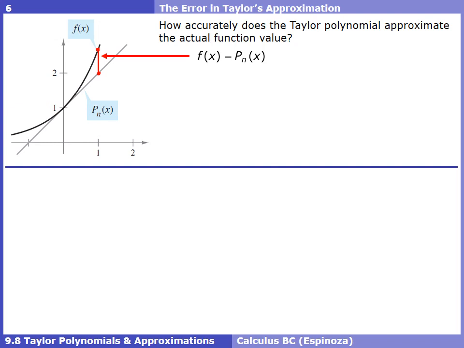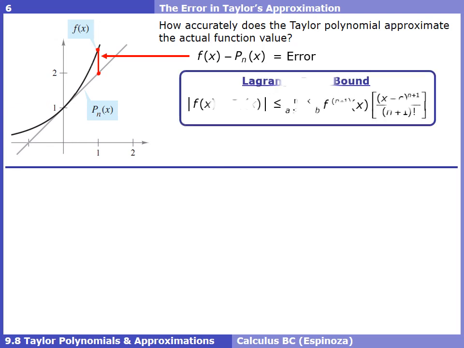Well, not really. What we're going to have to do, and it's probably the most intimidating thing to look at in this class, and also maybe the hardest to explain, is something called the Lagrange bound, or error bound. So again, the error here is this difference. The way we can address this difference is with this thing called the Lagrange error bound.